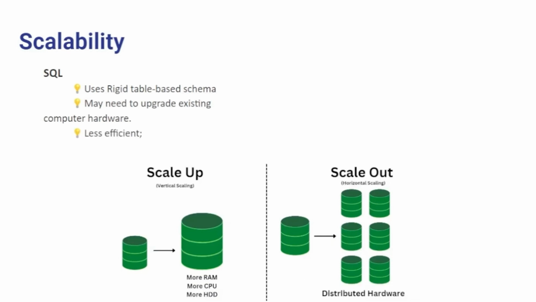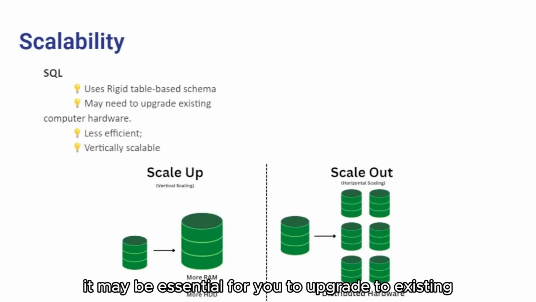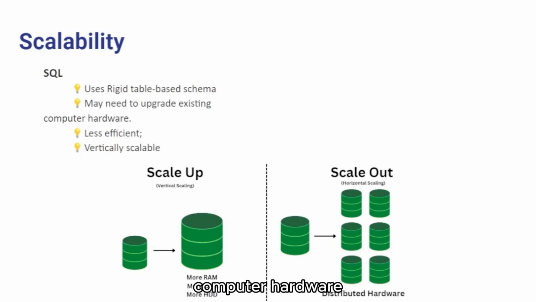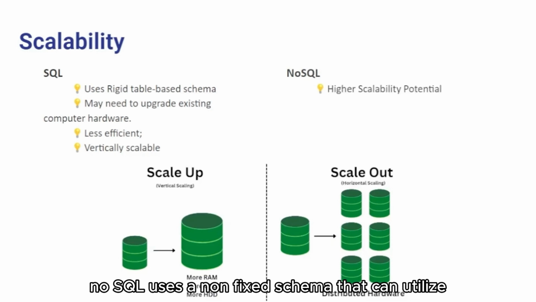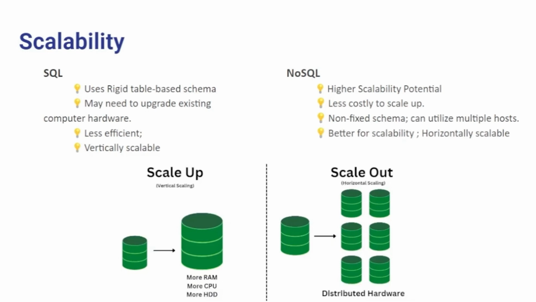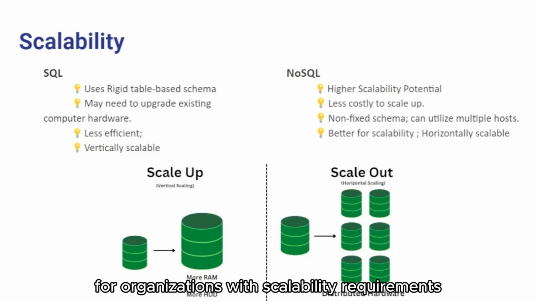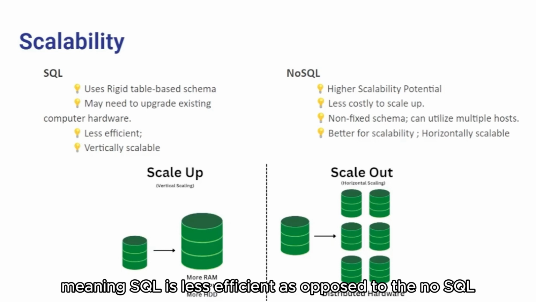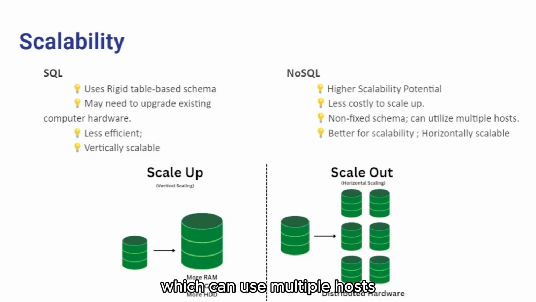So to scale, it may be essential for you to upgrade the existing computer hardware, which could raise the operating costs for the organization. In contrast, NoSQL uses a non-fixed schema that can utilize multiple hosts to manage large data volumes to facilitate scalability. This makes NoSQL a better alternative for organizations with scalability requirements, meaning SQL is less efficient as opposed to NoSQL, which can use multiple hosts.